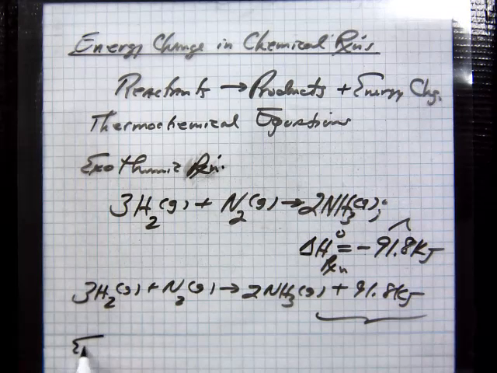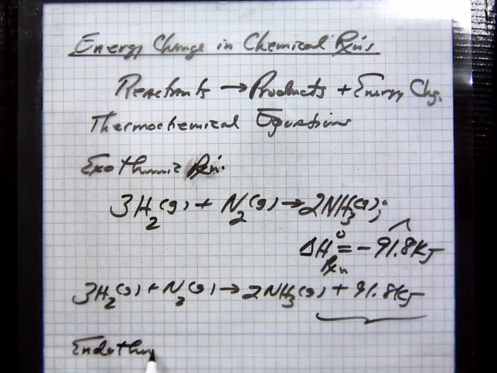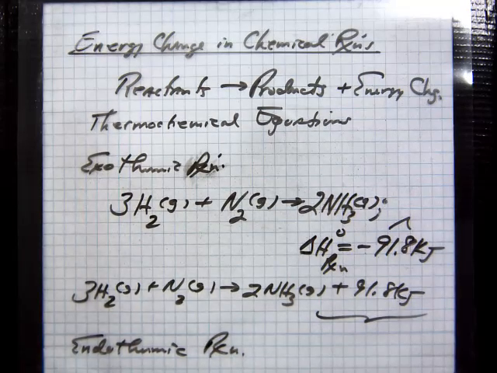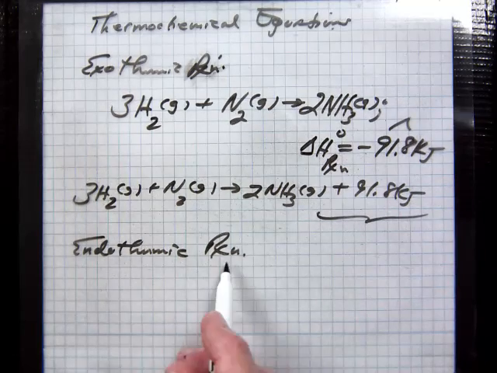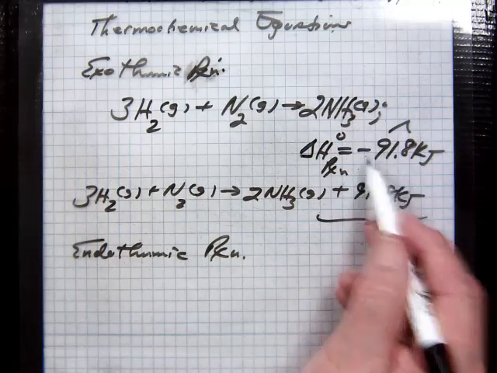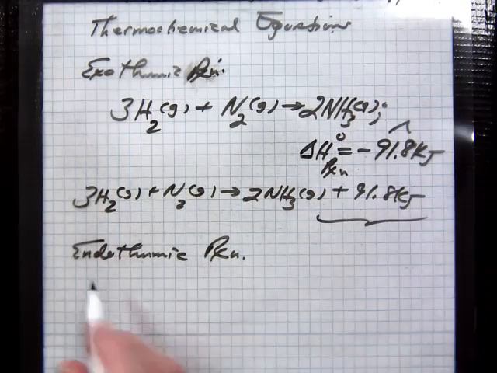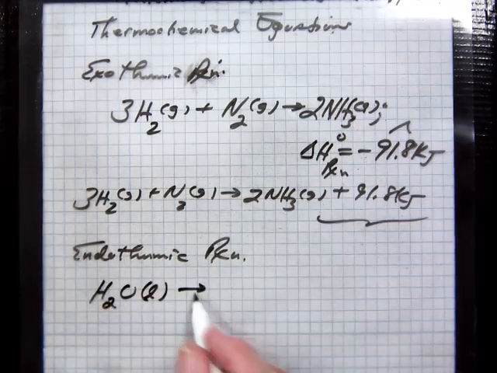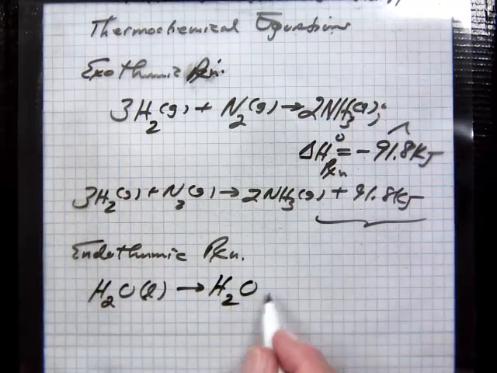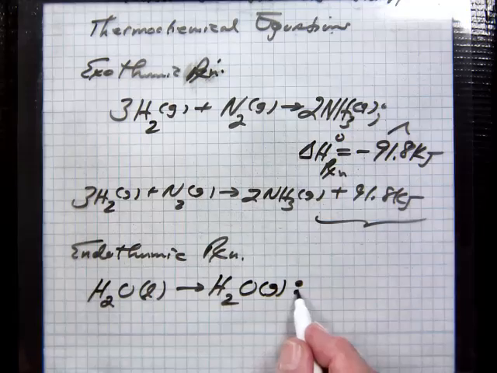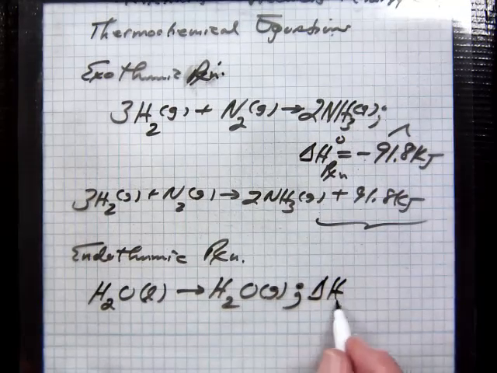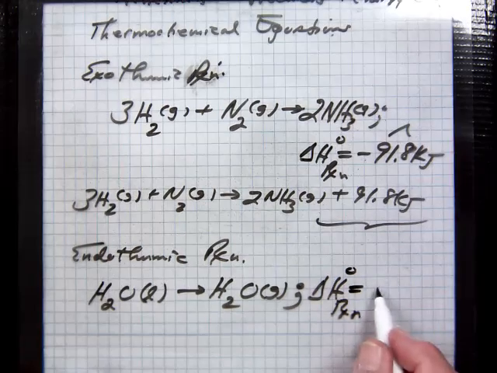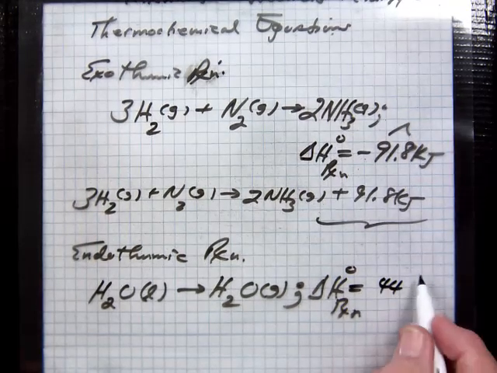For an endothermic reaction, we'll have a plus in the position of the energy number. For example, if I'm evaporating water from liquid to steam, gas phase, delta H reaction is equal to 44 kilojoules.